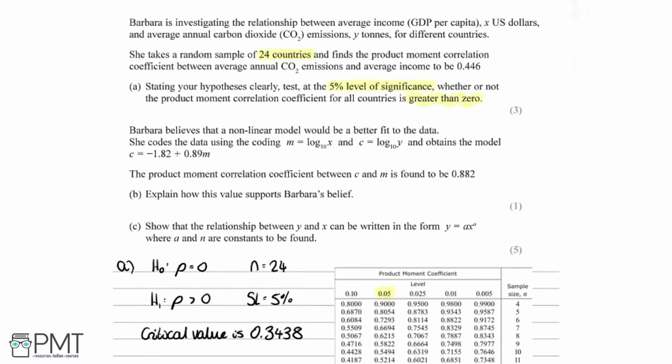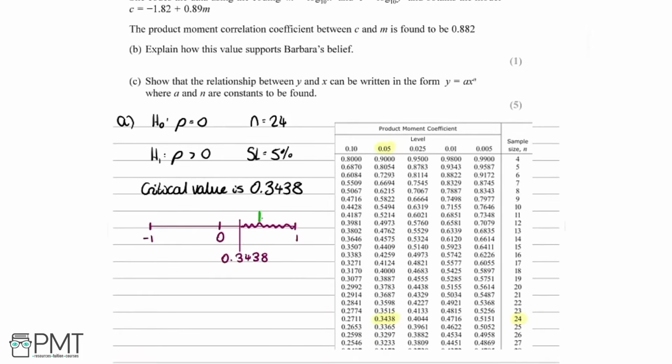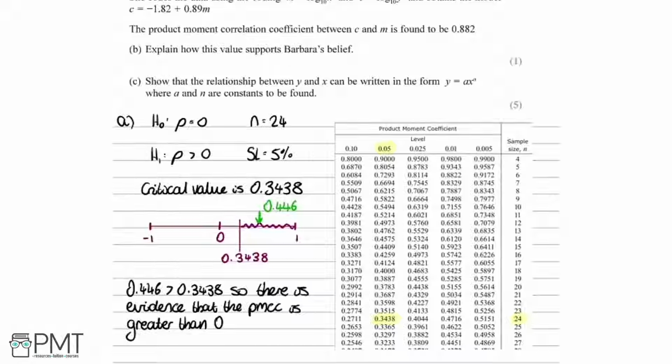The product moment correlation coefficient that Barbara found was 0.446. That very roughly falls in here, but we know it's definitely inside the critical region. So we say that 0.446 is greater than our critical value of 0.3438, so there is evidence that the product moment correlation coefficient is greater than 0.